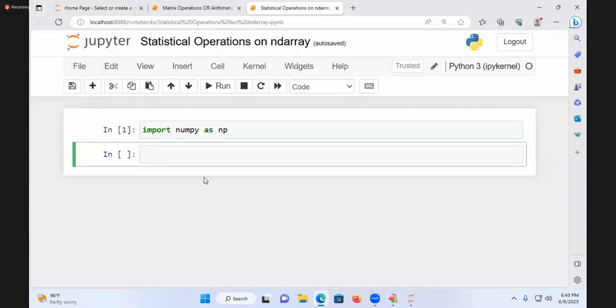Let us take a matrix here. A is equal to np.array of, take care students, I am taking 10, 15, 25. Now I am taking 35, 15, 12, 14. Next I am writing 36, 28, and 19.